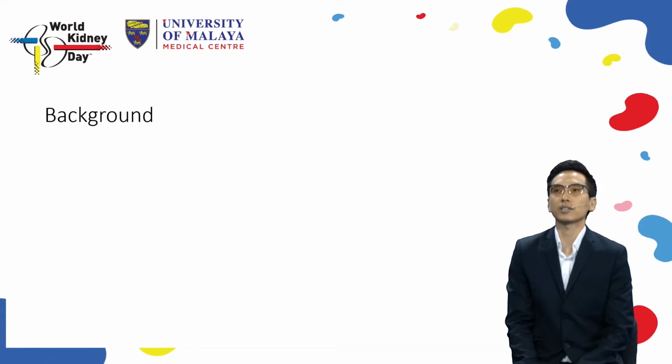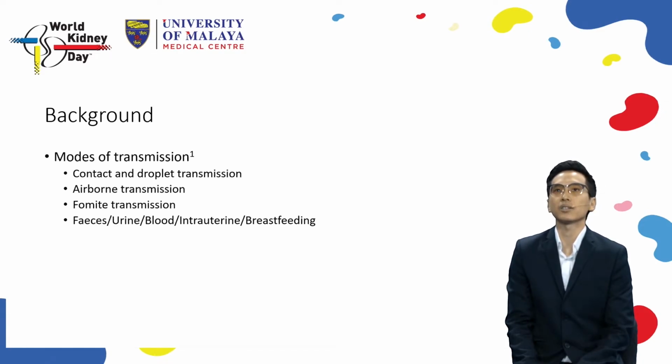So how does COVID-19 transmit? Contact and droplet transmission occurs with close contact with an infected person who sneezes, coughs, talks, or sings. Airborne transmission occurs during aerosol generating procedures such as intubation or non-invasive ventilation.